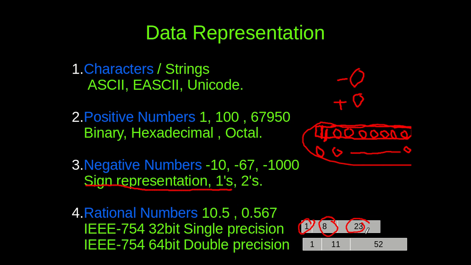If you remember, in C++ we had a float and a double. A float is 4 bytes, and single precision is a float. Double is 8 bytes. In assembly it's REAL4 for float and REAL8 for double.